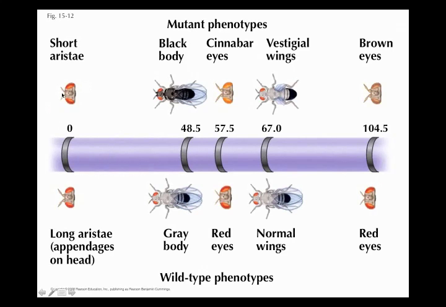So frequently you'd get the aristae that are short mixed with red eyes and the brown eyes mixed with long aristae. On the other hand, gray or black body travels with cinnabar, these really orange eyes, most of the time. And gray bodies tend to travel with the red eyes because these guys are close together. So they don't have crossing over happening between them very frequently. Okay?